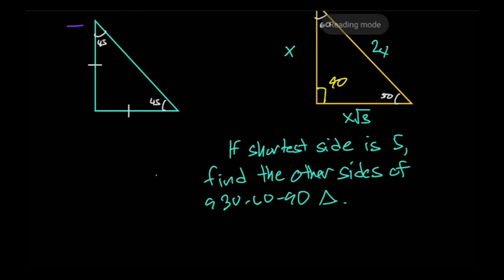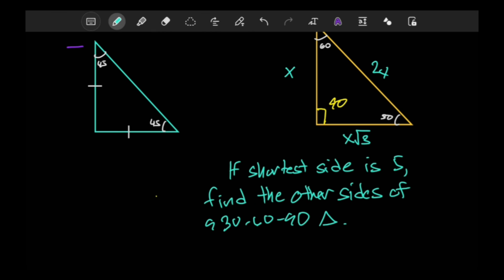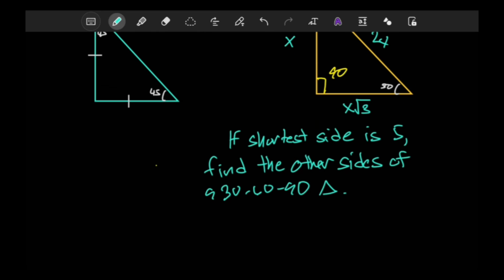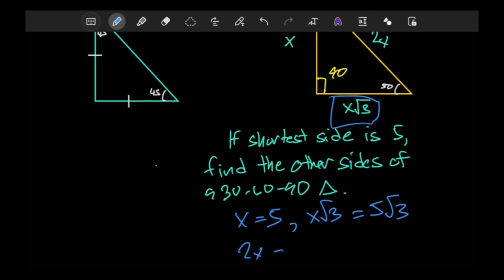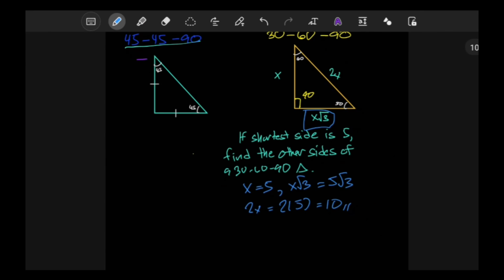Just let x be 5, obviously. Now we can just substitute x by 5 in x times square root of 3. So it becomes 5 times square root of 3. And finally, our hypotenuse is just 10. That's it, guys. Nothing else. That's all.